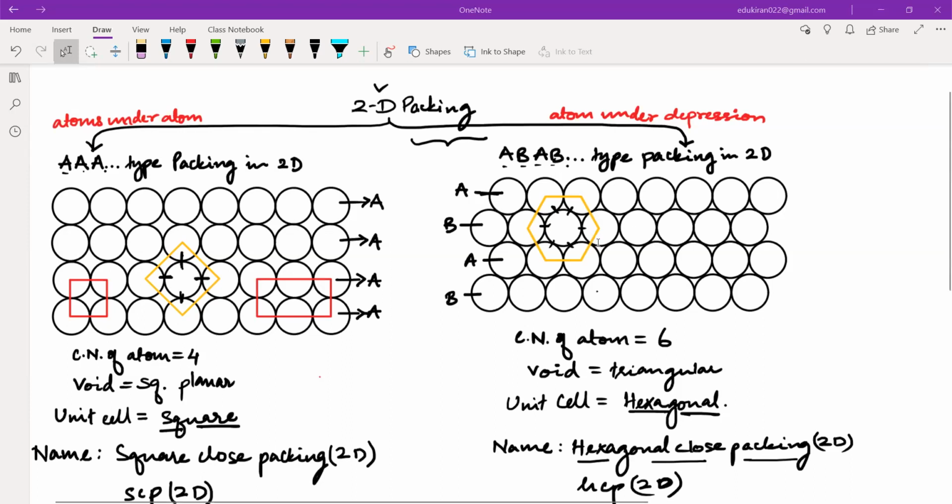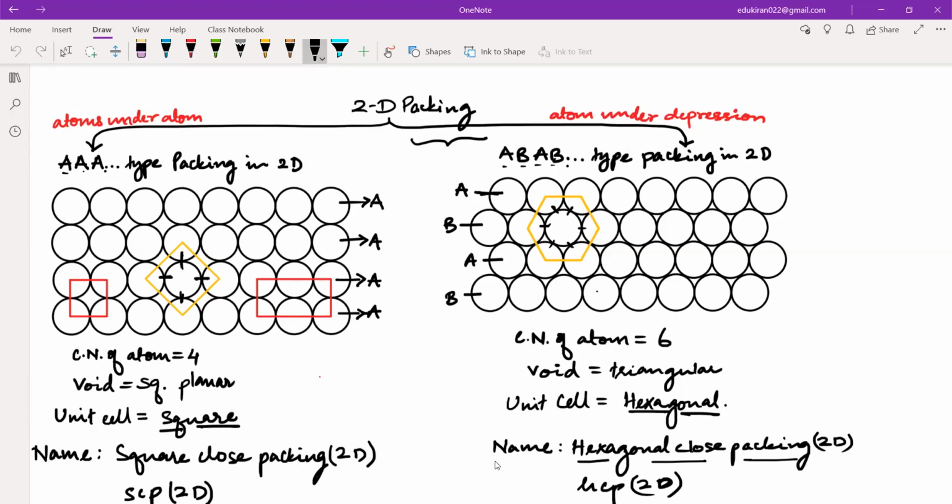Now we are done with 2D packing. We have seen what types of arrangement there are, ABAB type and AAA type. Now we have to tell which of these packings is better. So in 2D packing, we have two choices. Please remember, 2D packing will always be imaginary because our world is 3D.